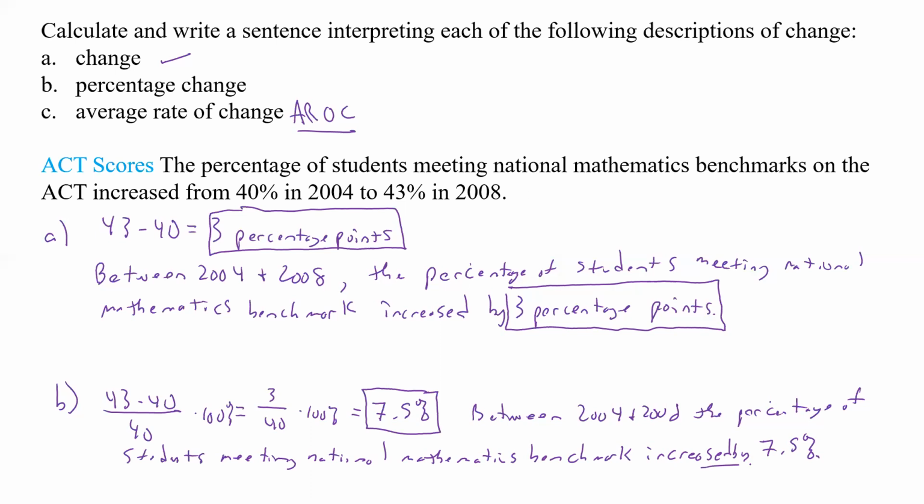So this is kind of the piece that changed here. Increased by 7.5%. Here it increased by 3 percentage points. So that's the key difference.